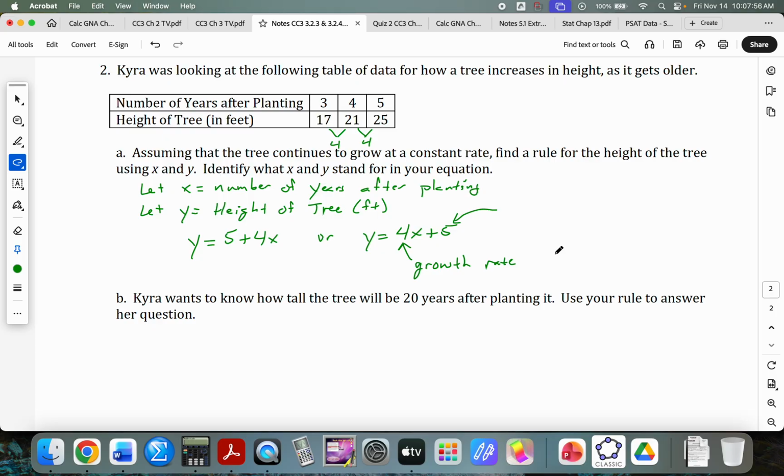You're absolutely right. It started at 5 feet. So the tree was 5 feet tall when it was planted. You're exactly right. This is the height of the tree when planted.